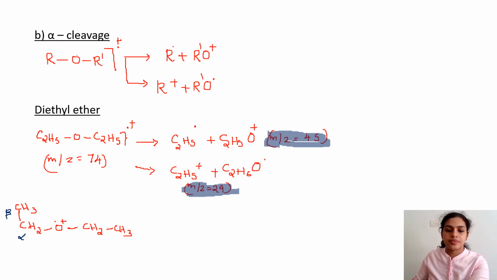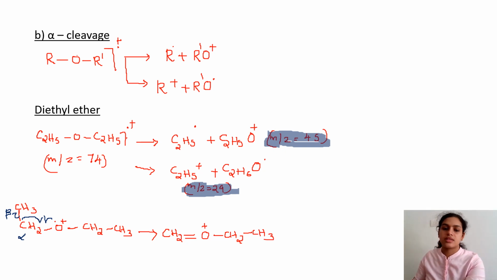And here the fragmentation is like I have shown. Here an oxonium ion is formed like this, that is CH2 double bond O plus CH2 CH3.